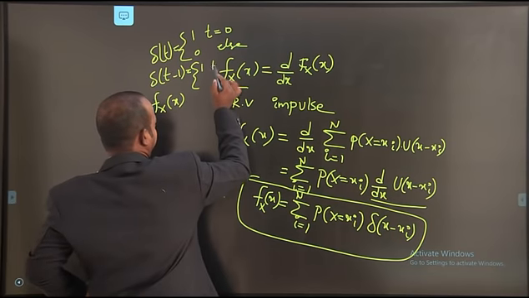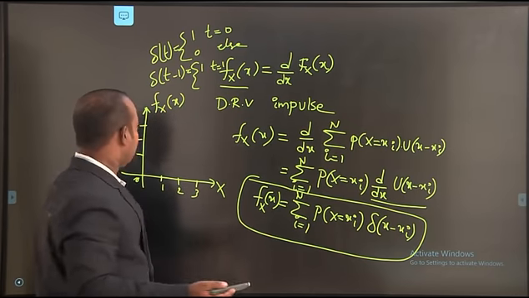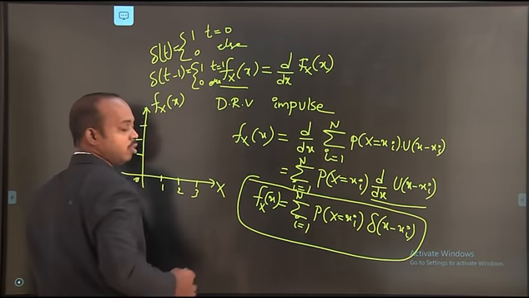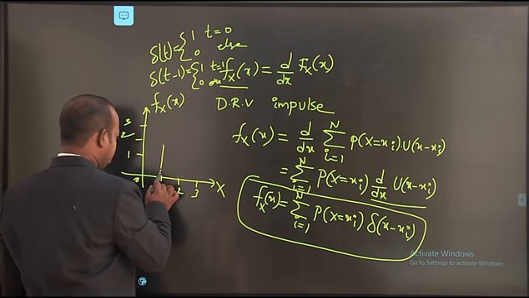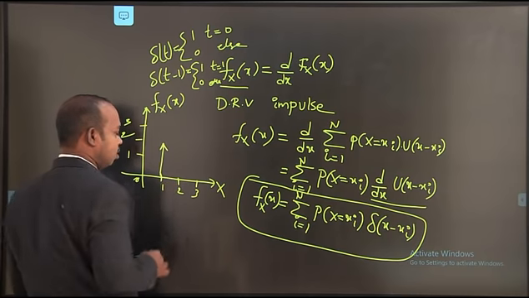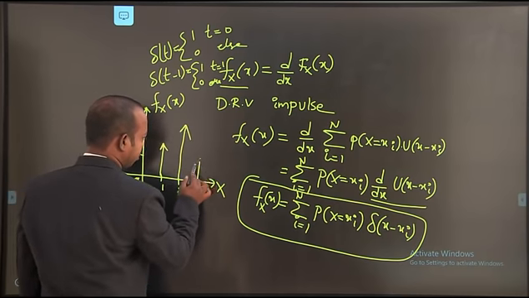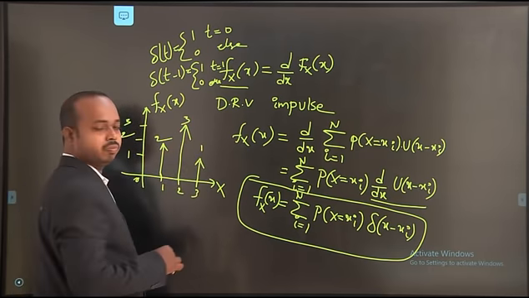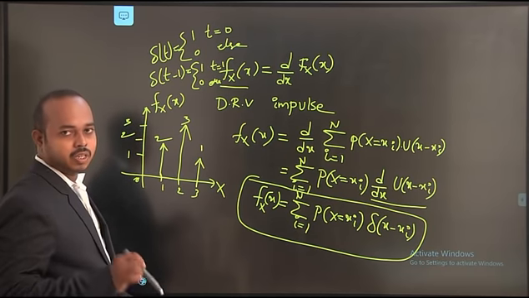It has the value 1 at t equal to 1, and for all remaining conditions the value is 0. That's why at 1 the value is assigned in terms of an impulse. Here I am marking 2, 3 and 1. This is the graphical representation for the impulse function.